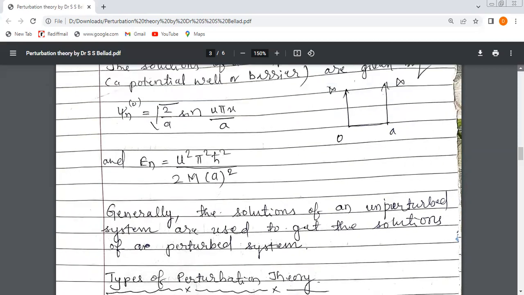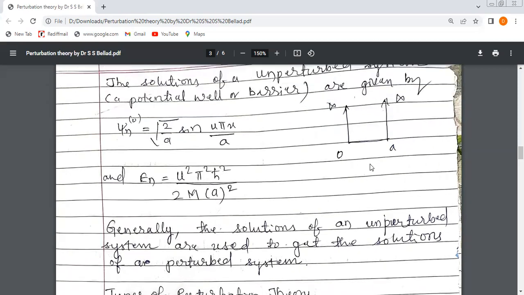So the idea or technique in studying a perturbed system is that first we have to study the Hamiltonian of the system using the Schrodinger equation, which is applied to the unperturbed part of the Hamiltonian, and its solutions are obtained.